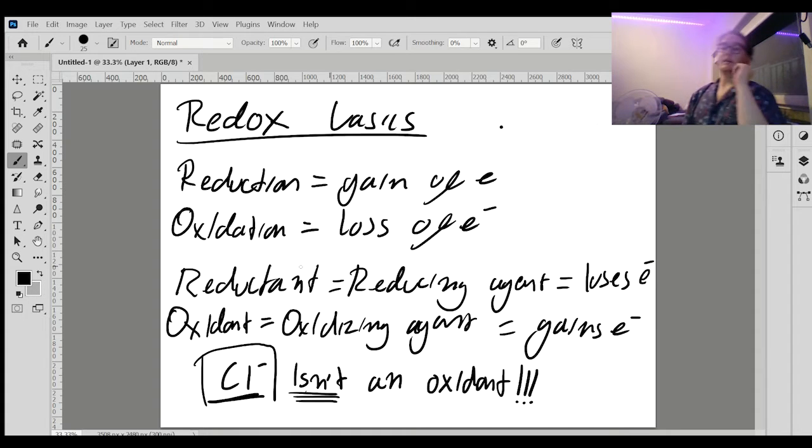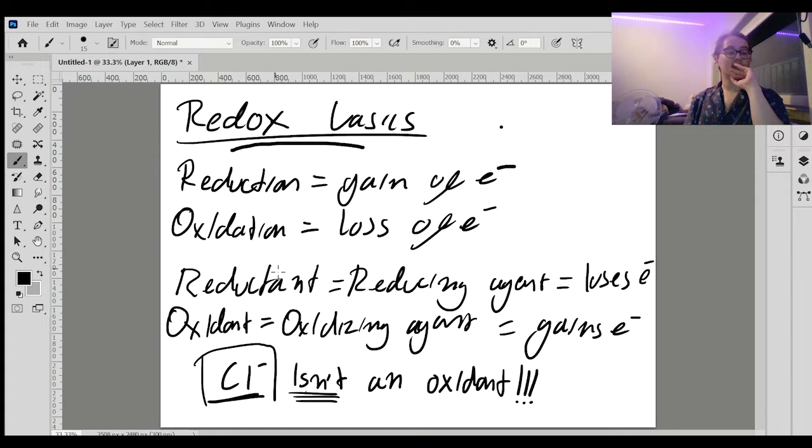Alright, now first off the bat, let's just go over redox basics. Now, this is the sort of thing that if you don't know it by now, you're not going to do well on the SAC. To be a bit mean, but if you don't know that reduction means the gain of electrons, that oxidation means the loss of electrons, it's not looking good for you.